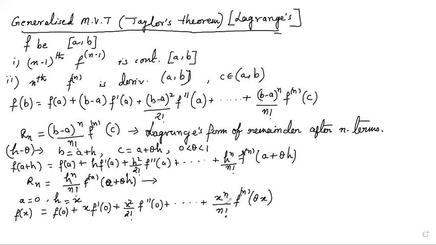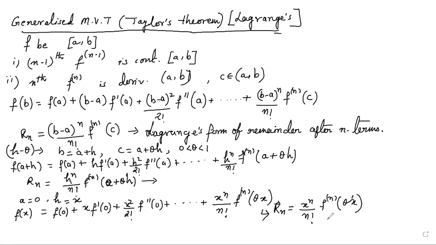All right. And here now Rn, the Lagrange's remainder after n terms, in Maclaurin's form will be x to the power of n by n factorial f^(n)(theta x).